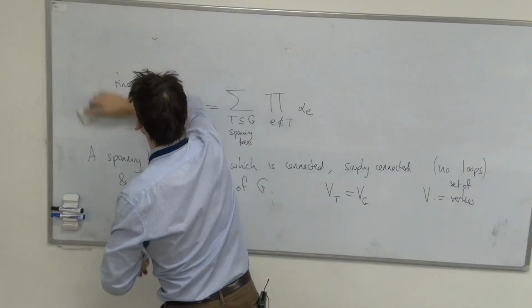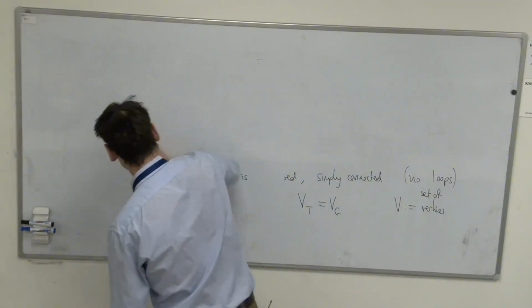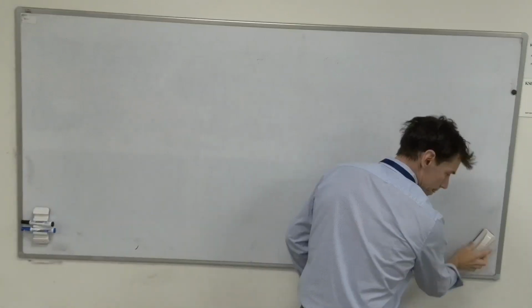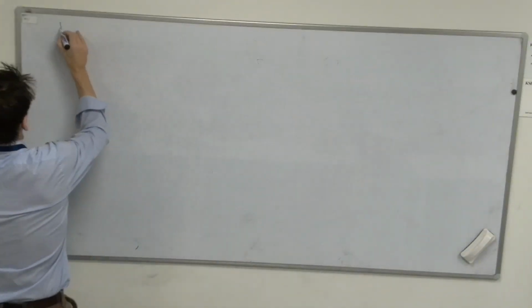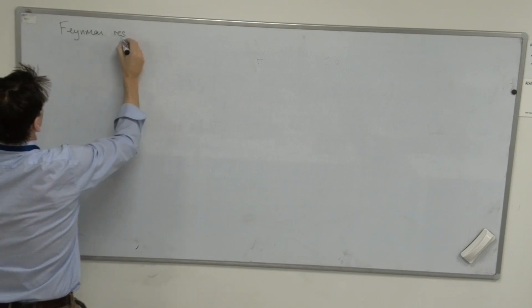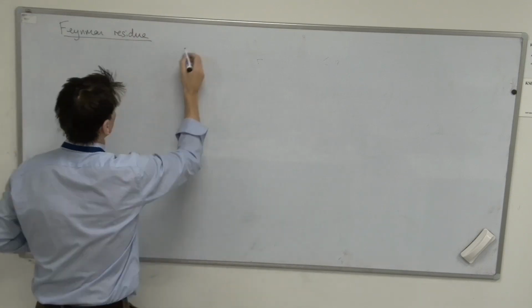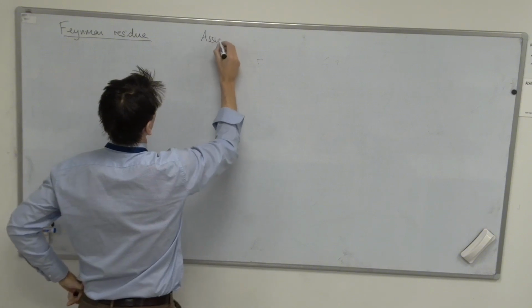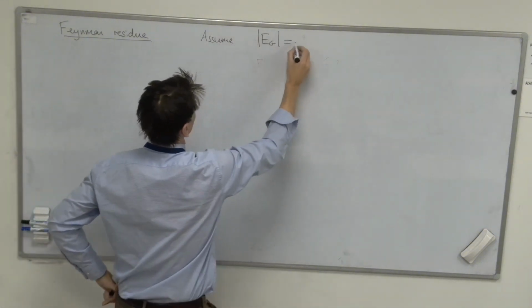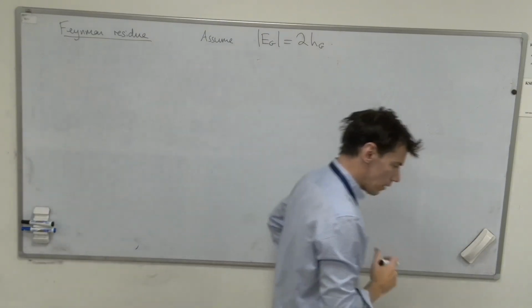Now we want to write down an integral using this polynomial. So this is what's called the Feynman residue. For technical reasons I don't want to go into, we're going to assume the number of edges of our graph equals twice the number of loops for now.